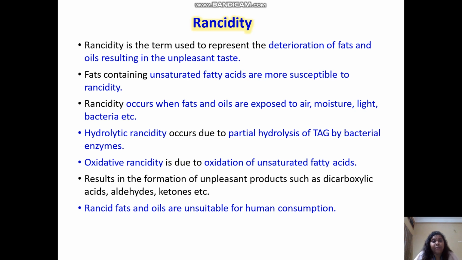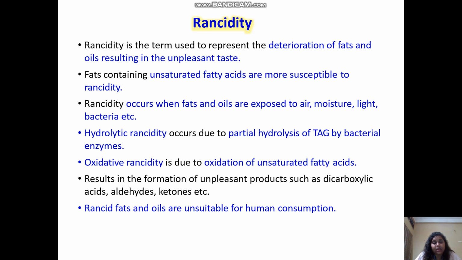Now, the term rancidity. It is the term used to represent the deterioration of fats and oils resulting in an unpleasant taste. Fats containing unsaturated fatty acids are more susceptible to rancidity. Rancidity occurs when fats and oils are exposed to air, moisture, light, bacteria, etc. Hydrolytic rancidity occurs due to partial hydrolysis of triacylglycerol by bacterial enzymes.